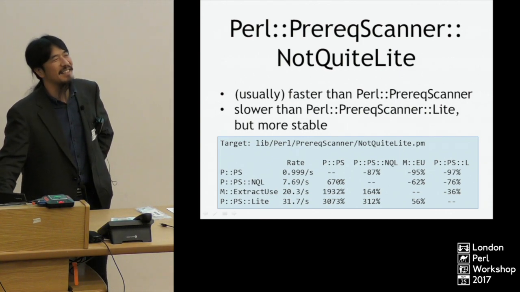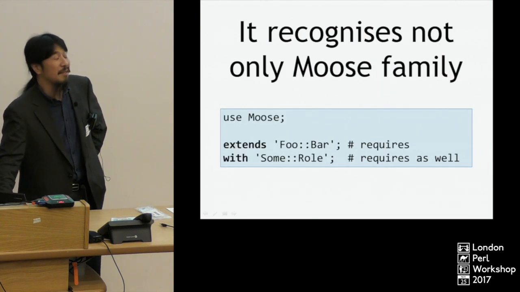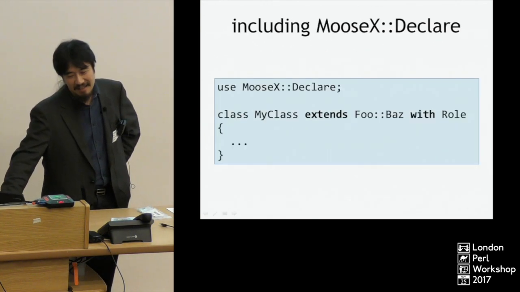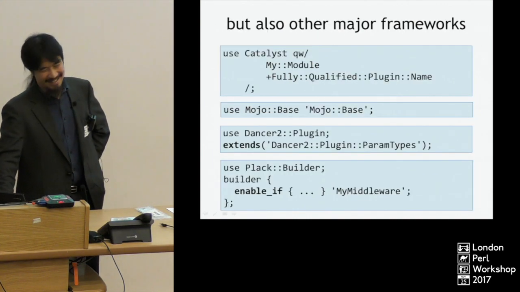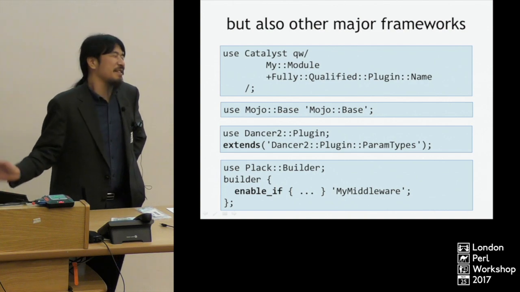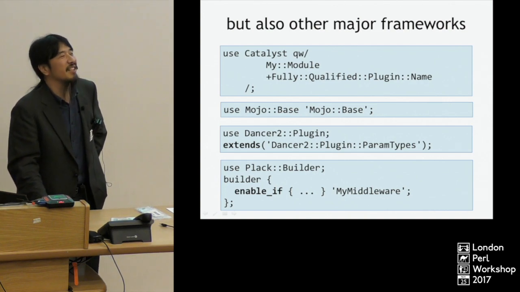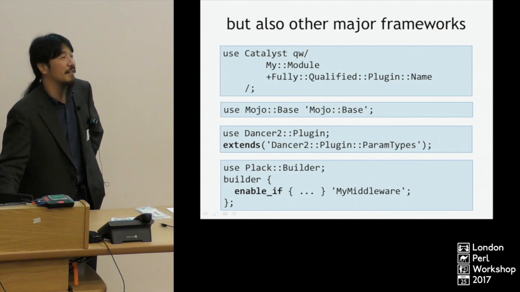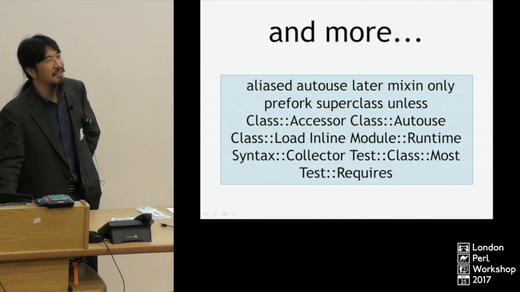Usually it runs faster than PPS, and it recognizes not only the Moose family, including MooseX::Declare, Great man, and also it recognizes modern major Perl frameworks, including Catalyst or Black, and more.